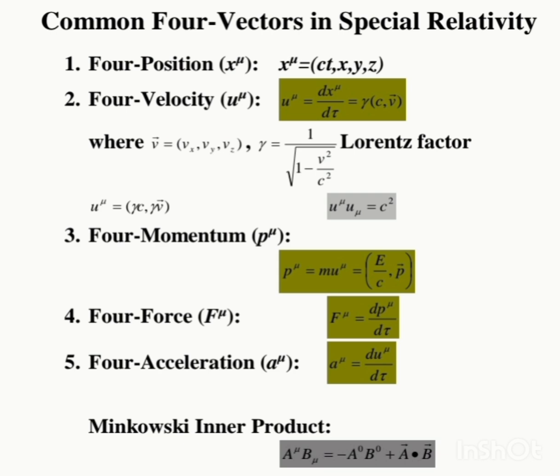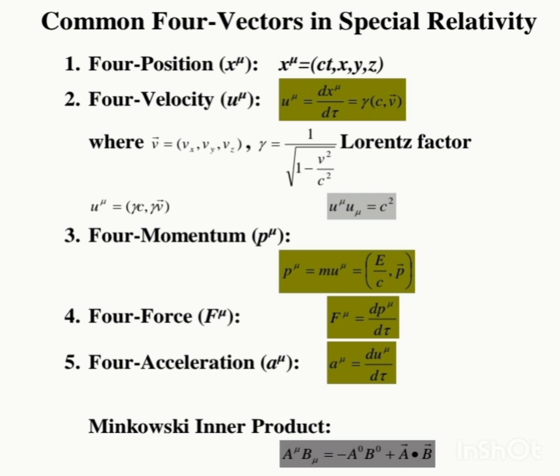Minkowski inner product. In special relativity, we work in a Minkowski space-time with a metric tensor that differs from the Euclidean dot product. The Minkowski inner product between two four vectors a^μ and b^μ is a^μ b_μ = −a₀b₀ + a·b, where a₀ and b₀ are the time components multiplied by c, and a vector and b vector are the spatial components.